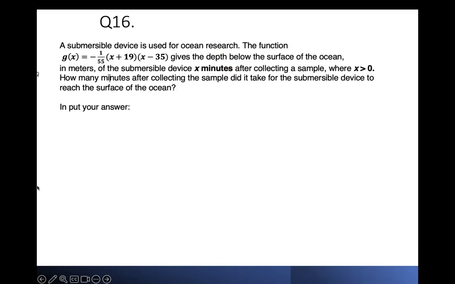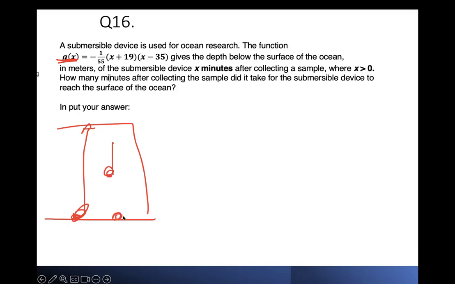You get your answer? You at least have some idea how to proceed. Go back to the question. G of S is this distance from the surface. So if whatever machine, submarine or something like that, goes down to pick something from here, it has to come to the surface of the ocean to be able to collect. Figure out what is the problem. And this is giving you the depth, how far they've gone.